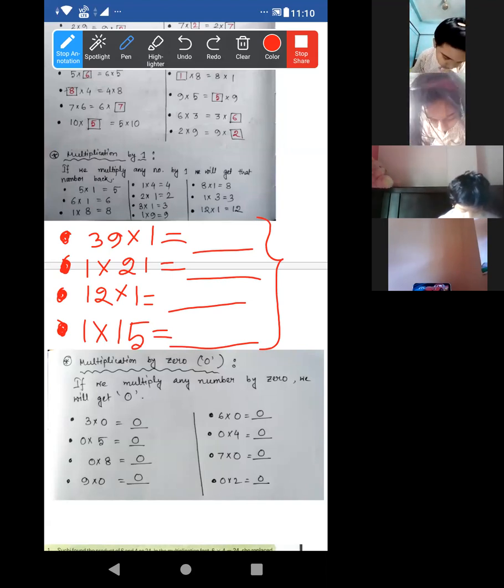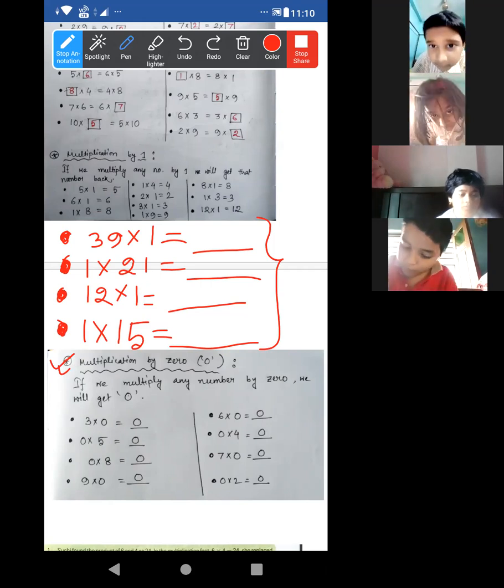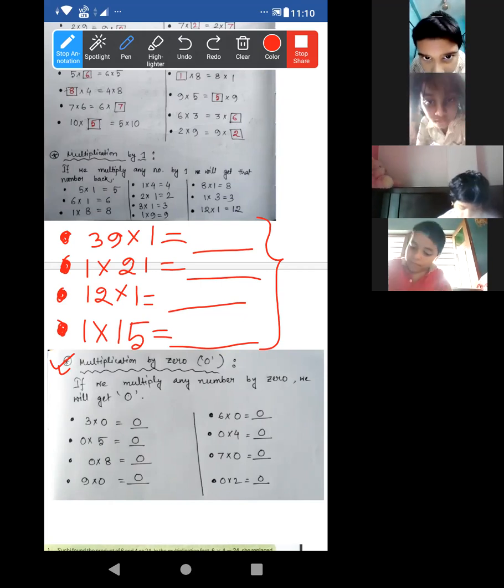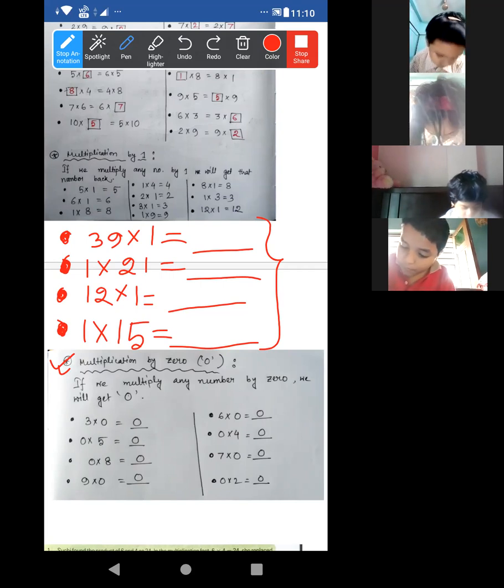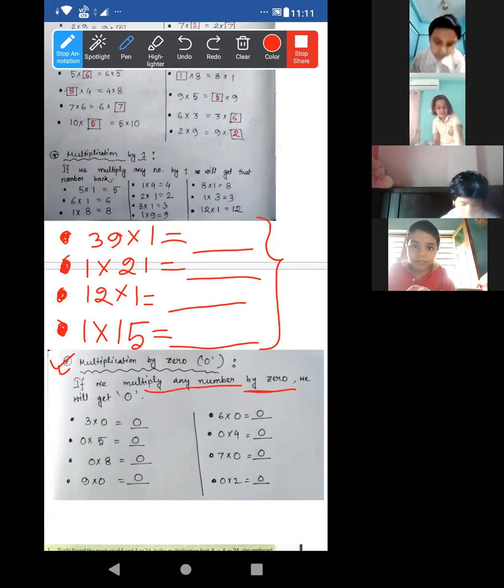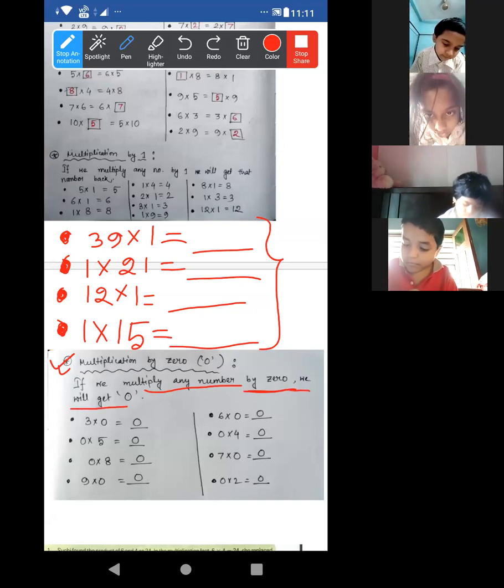Then property of 0, this one. Multiplication by 0. Acha, in case of multiplication by 0, if we multiply any number by 0, we will get 0.